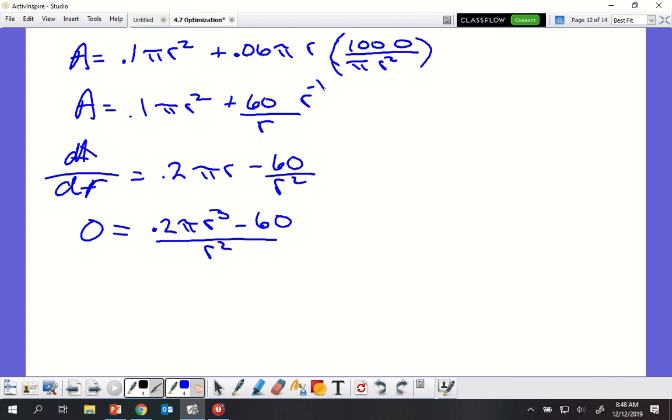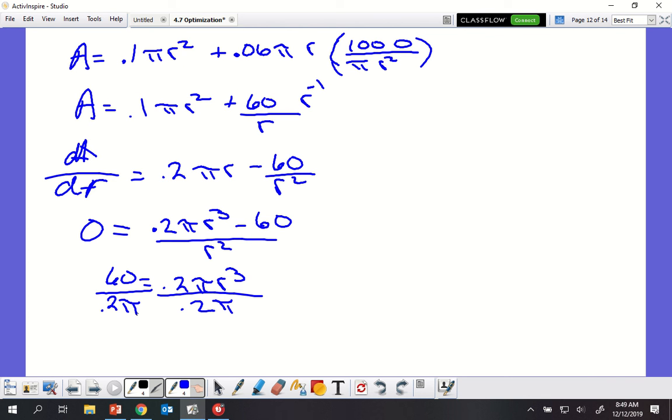All right, so let's clean it up. Set it equal to 0, so the r squared goes away. Now I'm going to have 60 equals 0.2 pi r cubed. Divide by 0.2 pi. What's that going to be? What do we come up with on that one? 942.478?